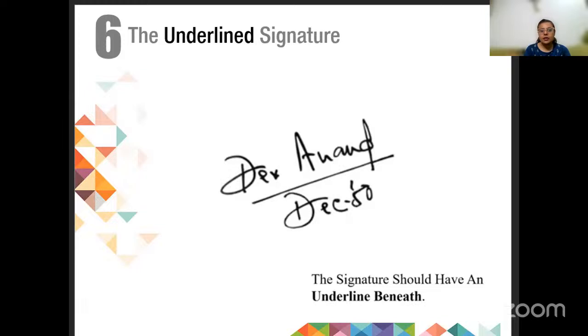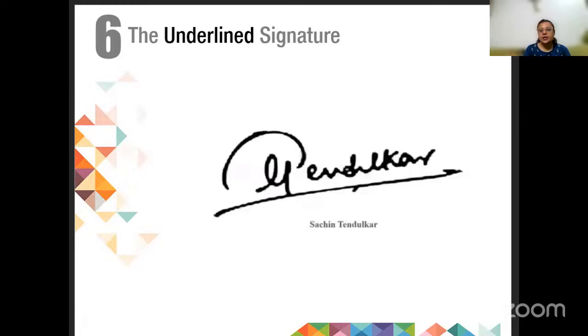You can see one more example of Sachin Tendulkar. What has he done? He has put a crown on himself. So he is the king of cricket. All the cricket lovers think he is the god of cricket, correct? It is only because of the way he has written his signature.